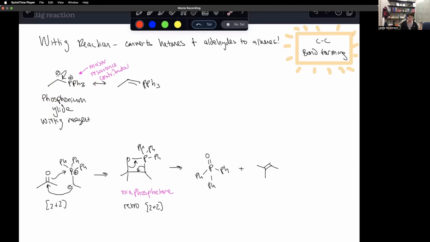I would say the one thing you want to keep in mind here is that the Wittig reagent, if we look at how it would actually be drawn out with 3 phenyl groups on it, in terms of atom economy, it's pretty bad, just because this is all waste that's getting thrown away. So you're having a lot of atoms going in that are not ending up in your product.